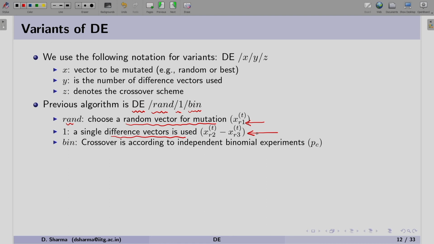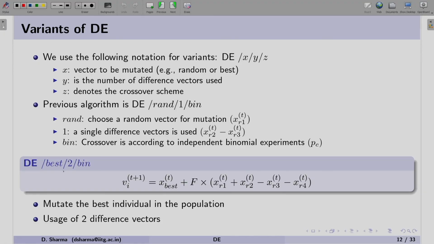This is the one difference between these two vectors. And bin means the crossover is according to the independent binomial experiment, and that is why we took it as a PC here.